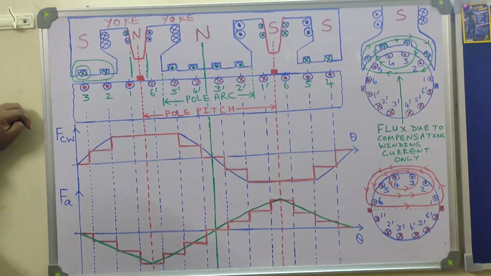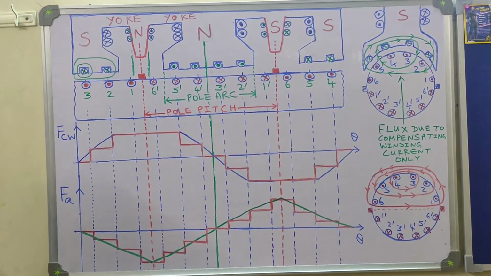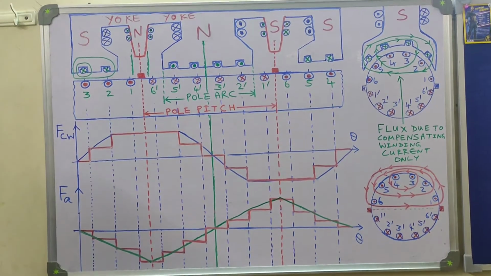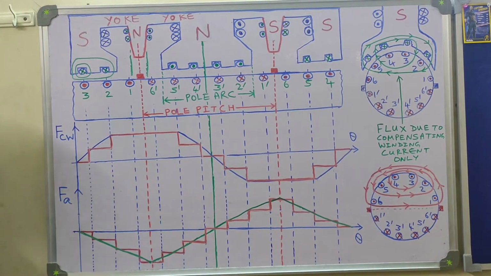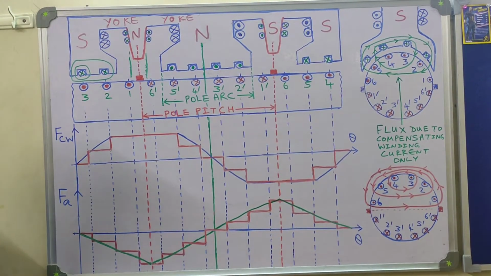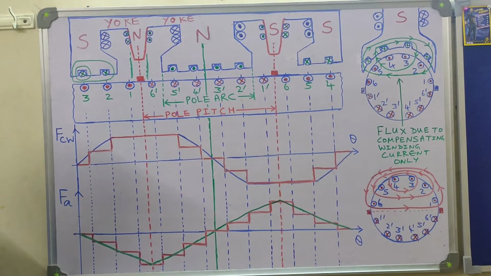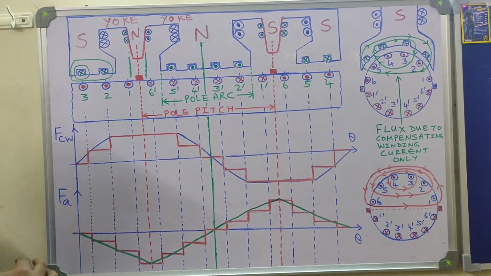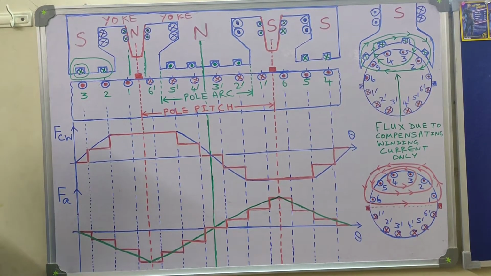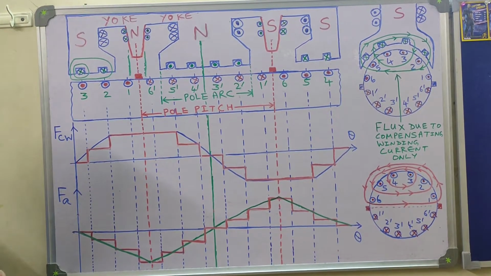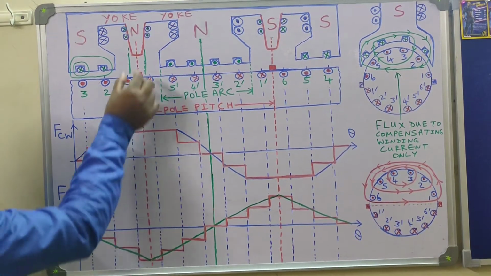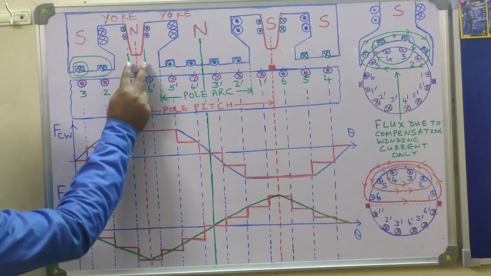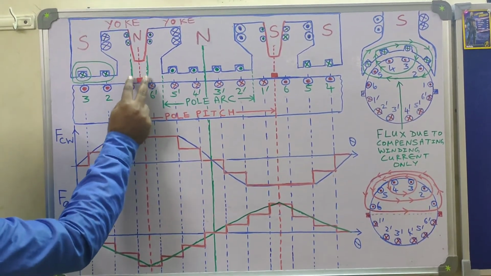This thing has to be very clearly kept in mind. If you use interpoles in a DC machine, obviously interpoles will cancel the armature MMF, but this cancelling effect of the interpole MMF is going to take place only in this particular zone, which is shown by these two parallel green lines, known as the commutation zone.